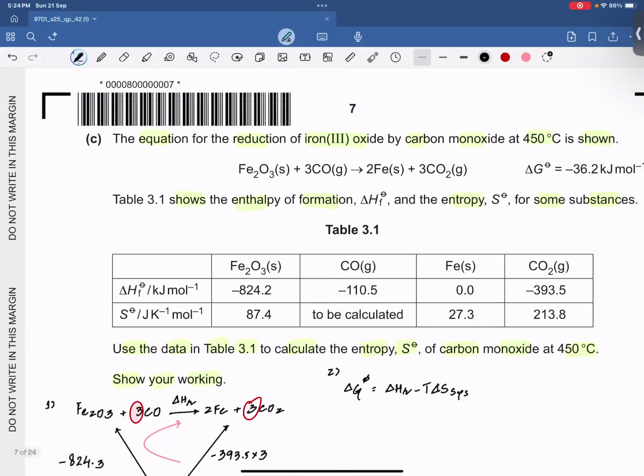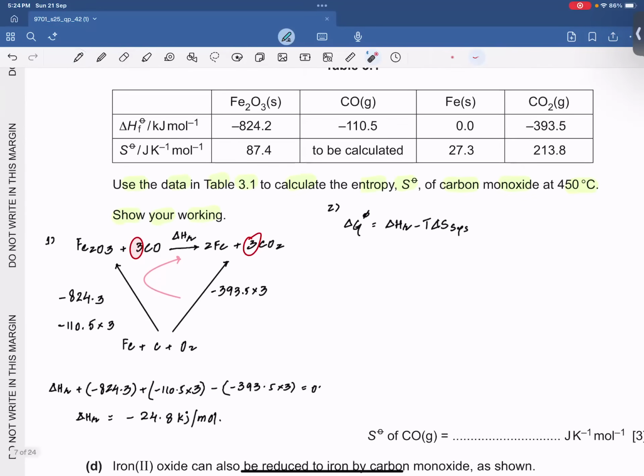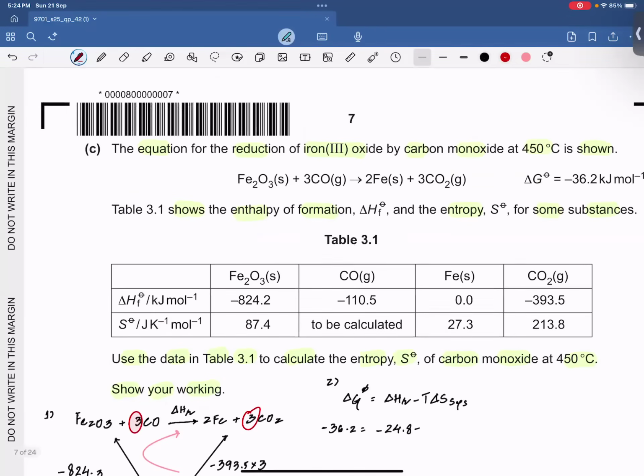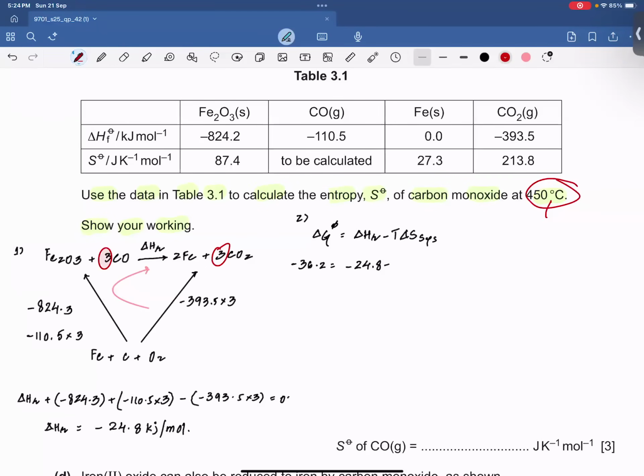So delta G naught is already given in kilojoules, which is minus 36.2. Delta HR is already given, minus 224.8, minus temperature. Temperature is what? Temperature is 450 degrees Celsius. Now I need to convert this value into Kelvin. So it's going to be how much? It's going to be 723 Kelvin.